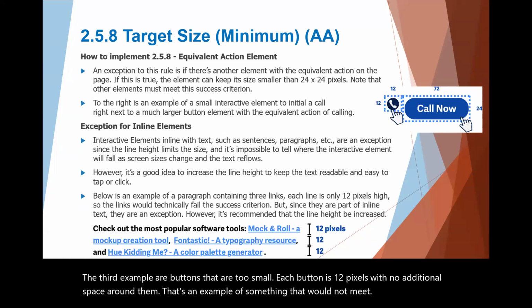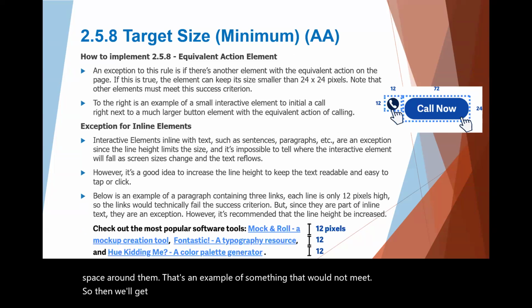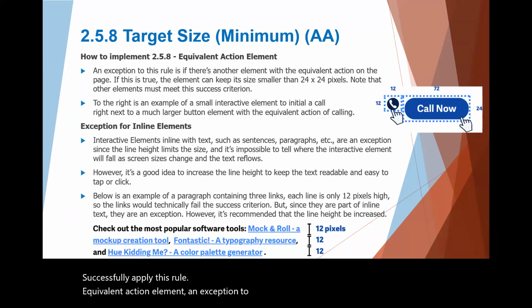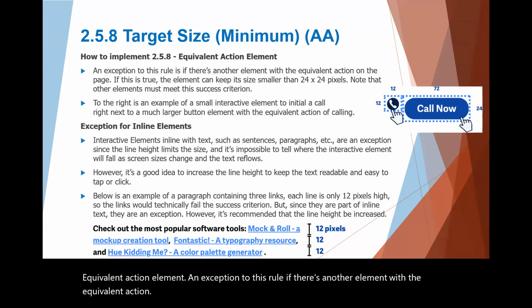So then we'll get into some exceptions, or other ways to successfully apply this rule. Equivalent action element: an exception to this rule is if there's another element with the equivalent action on the page.